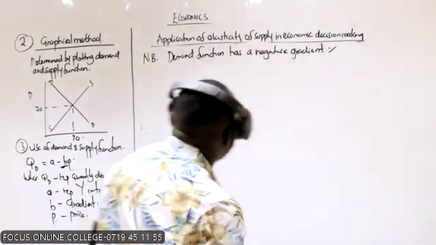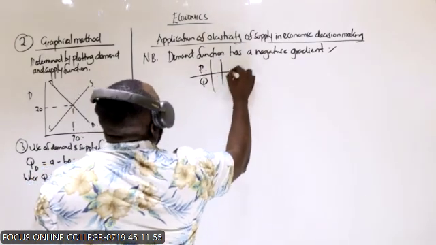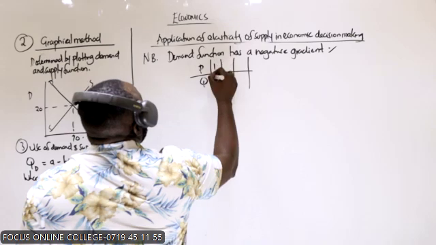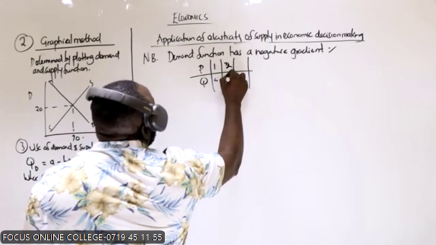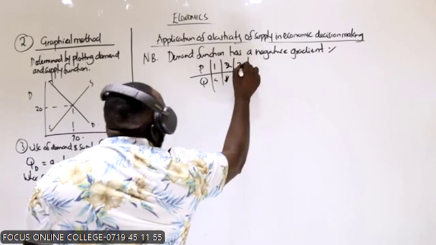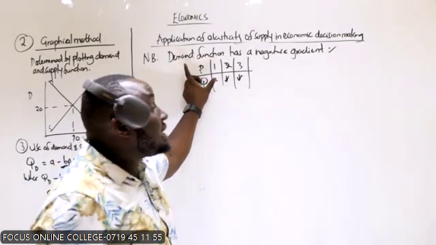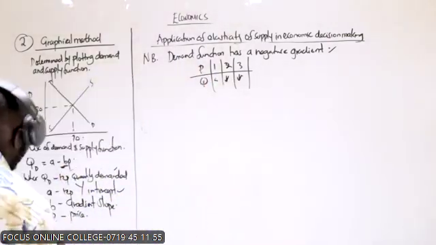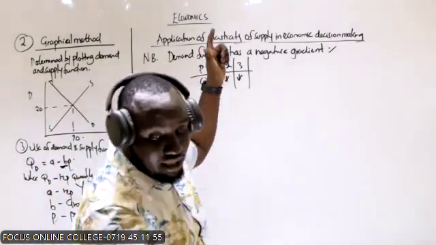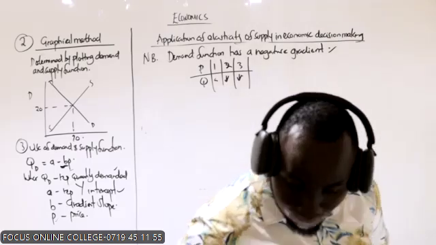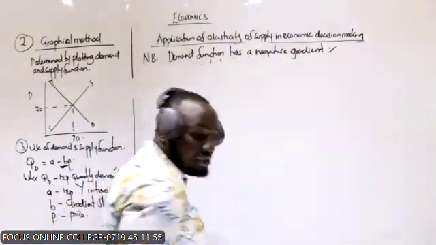Sometimes some people put P here and Q here, and then say when it's 1, it is this. When P is increasing, if it's demand, Q should be reducing. You simply need to make Q the subject, and if the gradient is negative, that implies that it is a demand function.